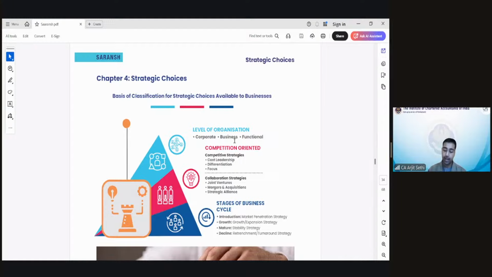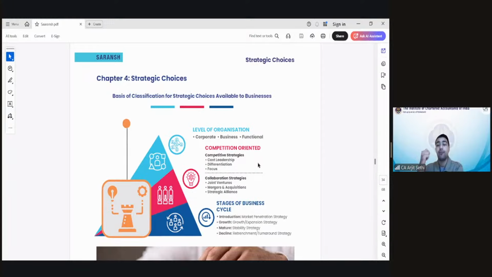If I say I want to grow, based on competition I can become the cost leader, I can do differentiation, or I can do a focus market strategy where I just focus on a particular segment in the market and give them the best product. Or I can do a best cost provider strategy also. That's a strategic choice as well.